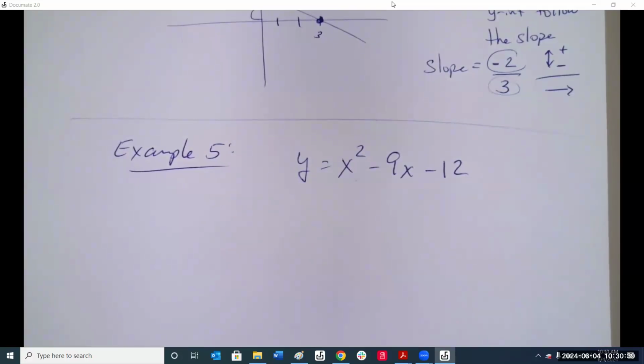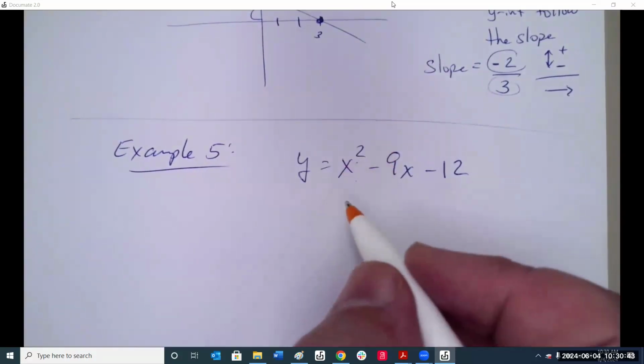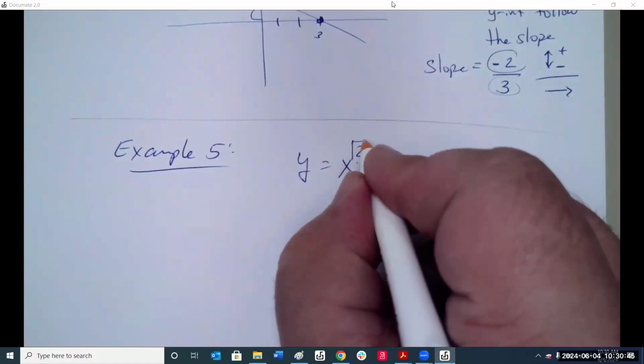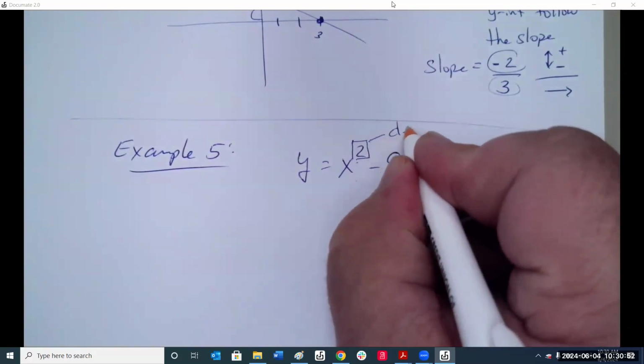Is this linear? No, because it's got a square. Because it has an exponent. The biggest exponent is called the degree of an equation.